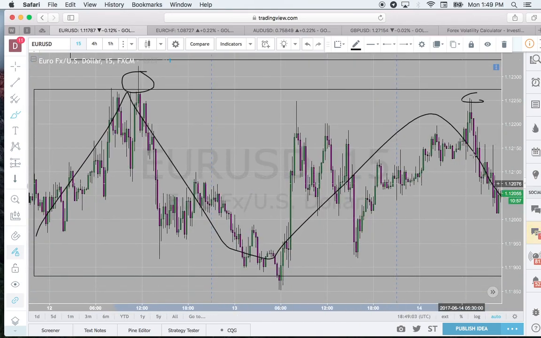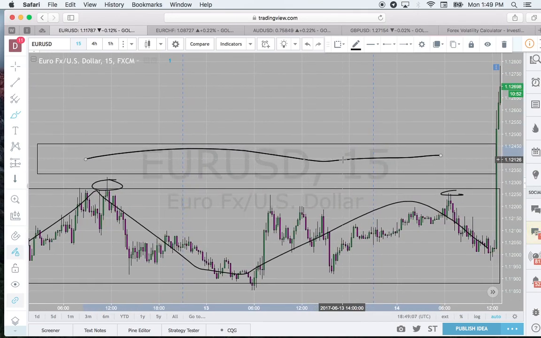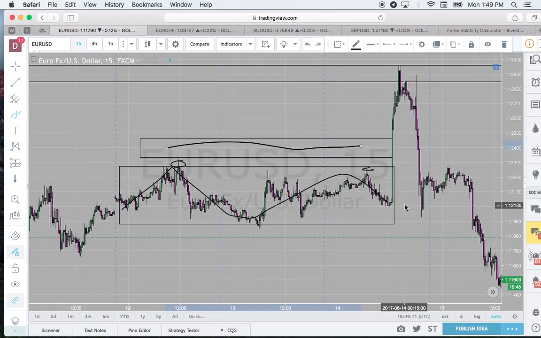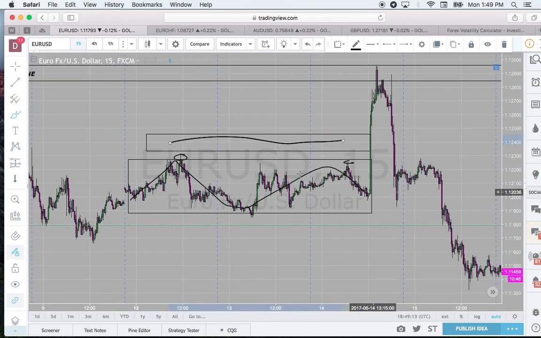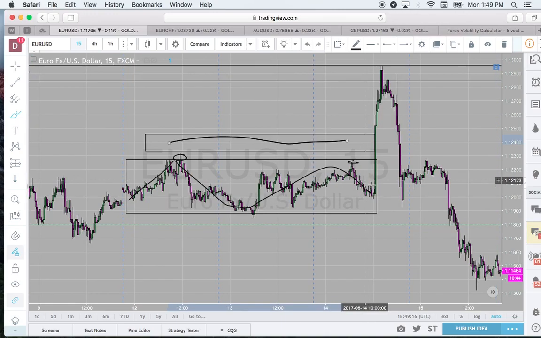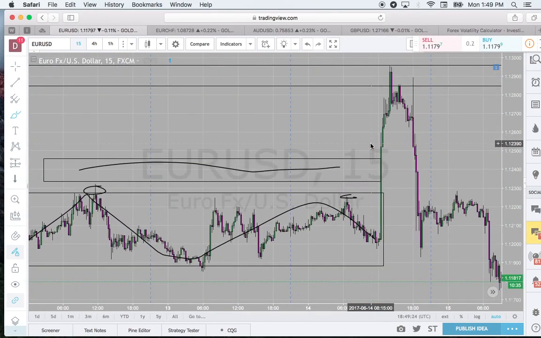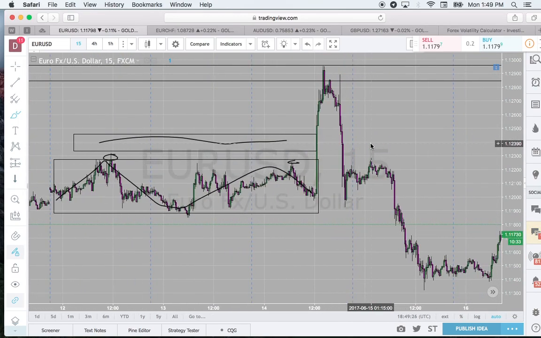If there are sellers in this area, price must come up to fill the sell orders. In other words, it gets confusing, you guys. It gets somewhat confusing when you talk about liquidity.